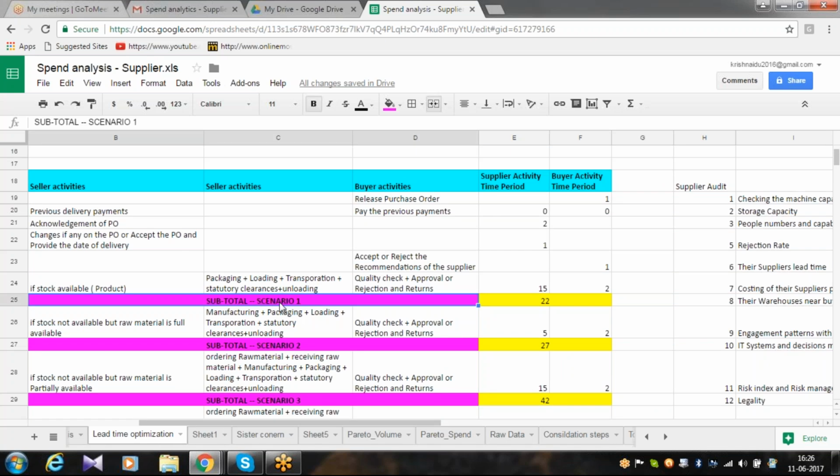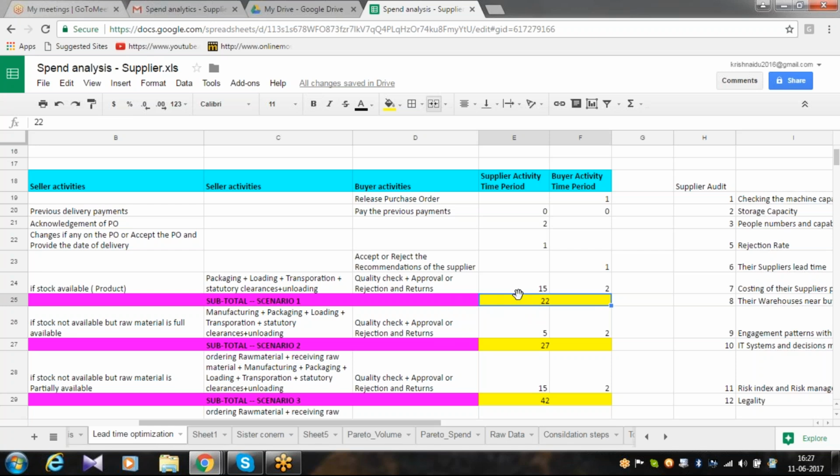So I will establish a contract with the supplier, and in that contract I will mention that he can be assured of a specific volume on a regular basis or at a specific time period, so that he keeps the stock with him. And if he keeps the stock with him, then what I achieve is a reduction in the lead time.